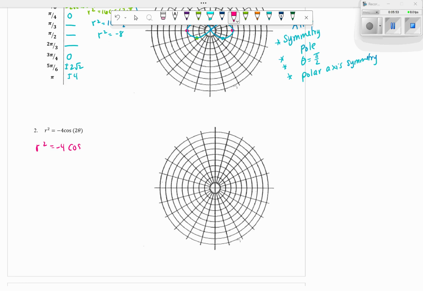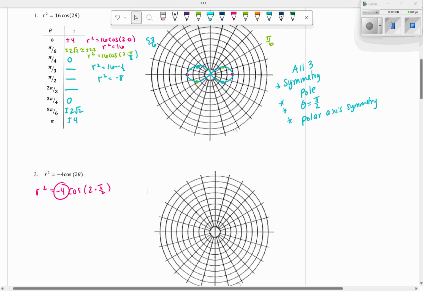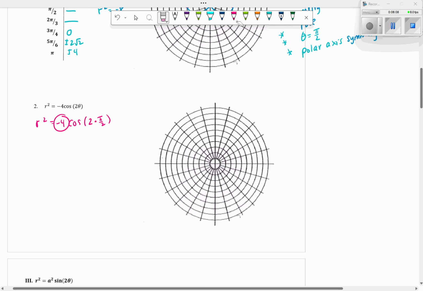So I have to think about values that aren't going to give me negative. So let's start at maybe pi over 2. So 2 times pi over 2 would give me pi. The cosine of pi is negative, which is going to change the sign right here. So all those negative values that we had before are going to change the sign.